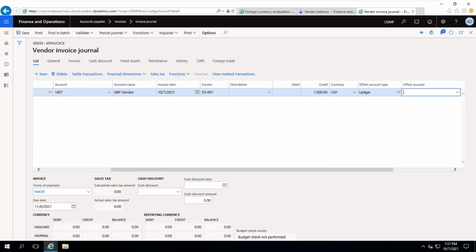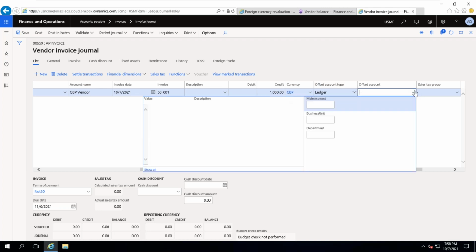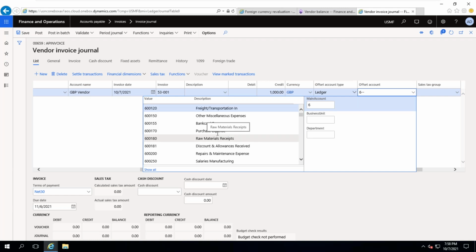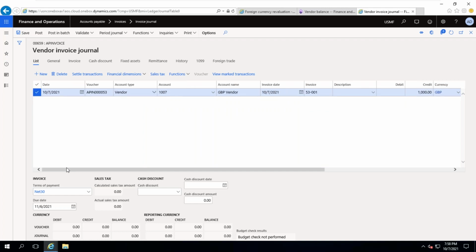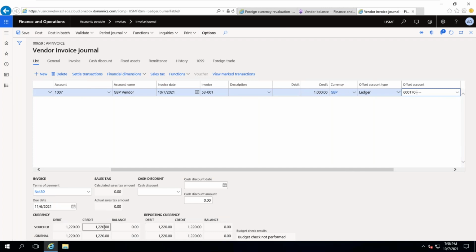I'm entering the same 1000 GBP, and it is some expenses I'm purchasing, suppose office expenses, purchase expenses. Now I'm posting this one. 1000 GBP. So let me save this. So it is 1220 in accounting and reporting currency. Let me post.